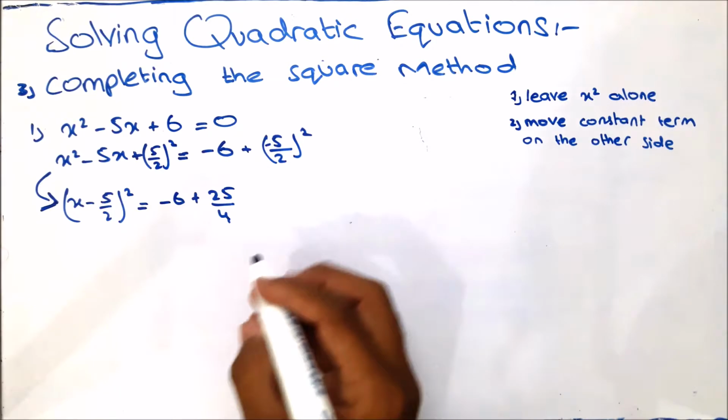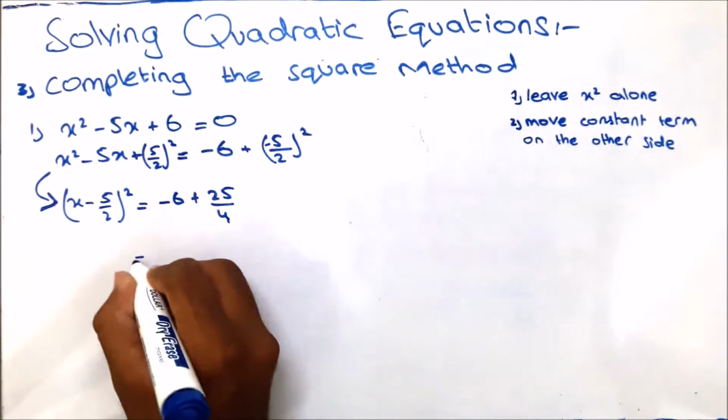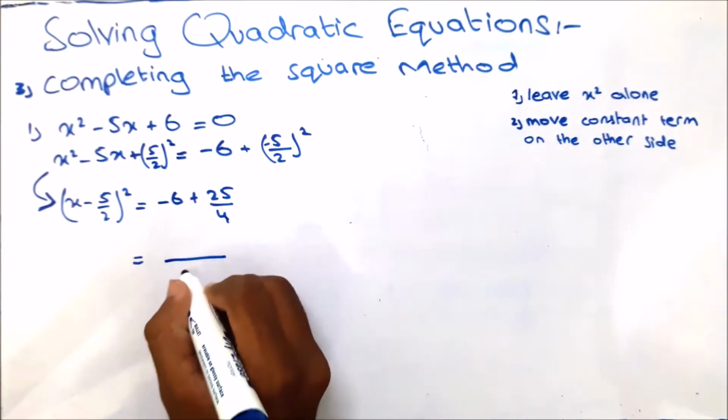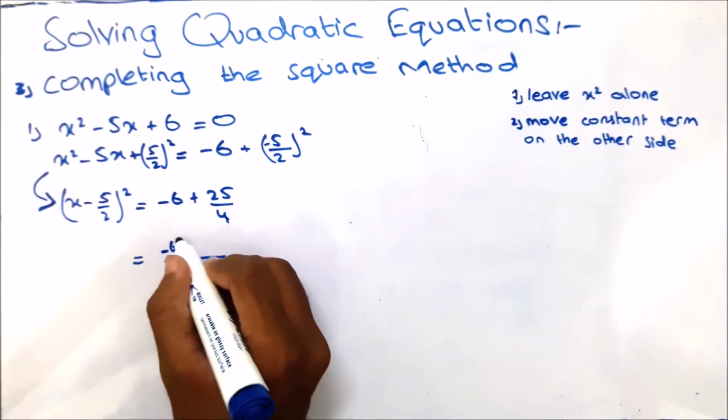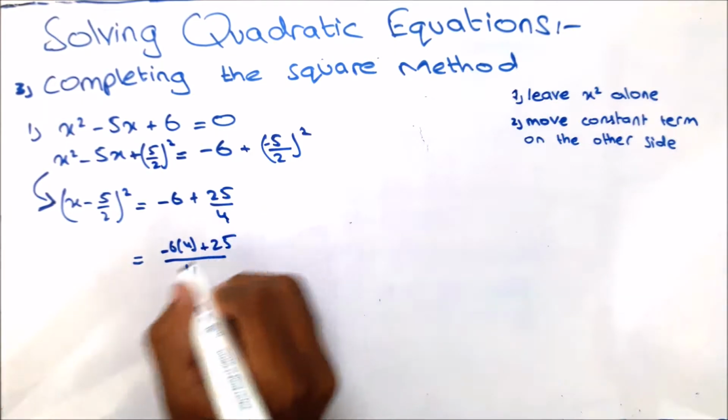Okay, so now let's solve it. I'll just simplify it further. I'll take the LCM. I have 4 over here. Minus 6 times 4, we get 24. Plus 25.